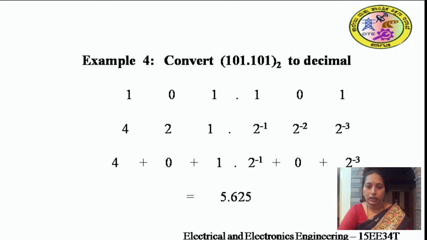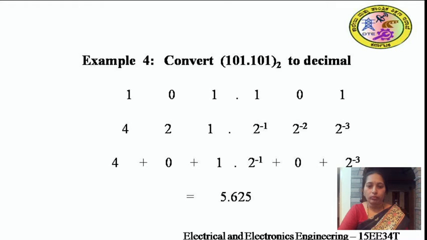In the integer part, starting from LSB towards MSB, it ranges from 2 to the power 0 to 2 to the power n minus 1, and in the fraction part it starts from 2 to the power minus 1, then minus 2, and it goes on.